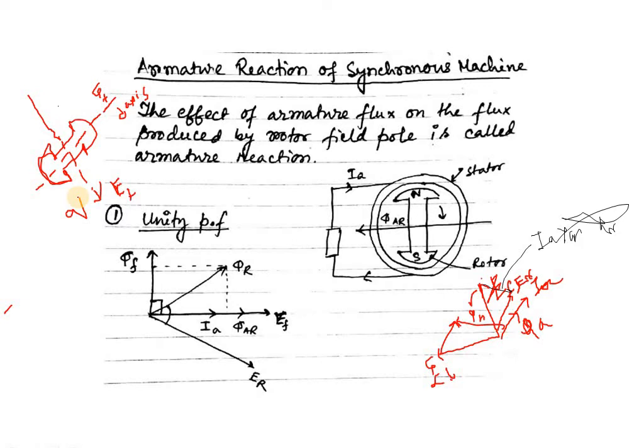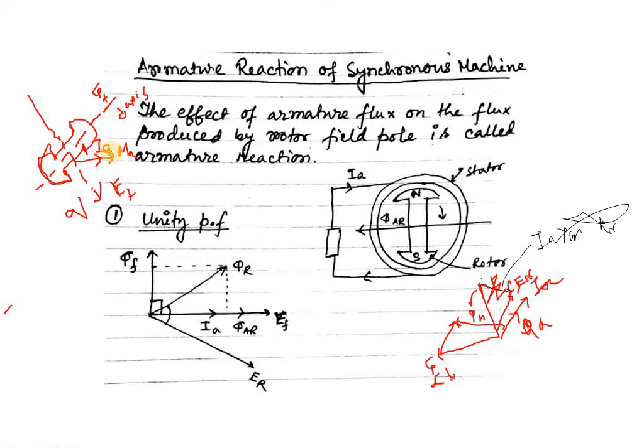Now, the armature EMF can be anywhere in this space. Let us consider that your armature EMF is here, and your armature current is also here like this. This is the armature EMF EA, and this is the armature current. This IA varies depending on the power factor angle.